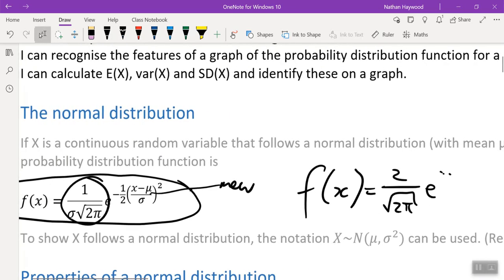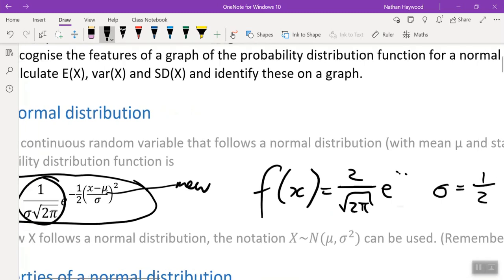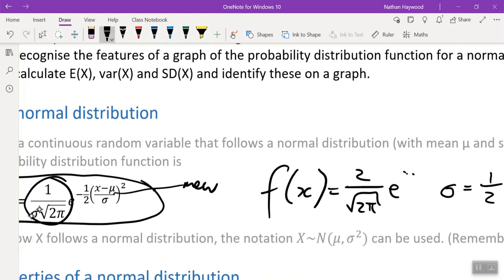Yep, very good. So if the function looked like this, you can see from the function that the standard deviation is 1/2. Because the standard deviation is on the bottom and we've got 2 on the top, so it's 1/2. Does that make sense?